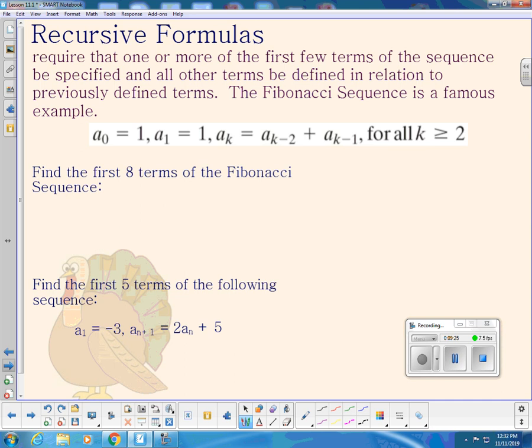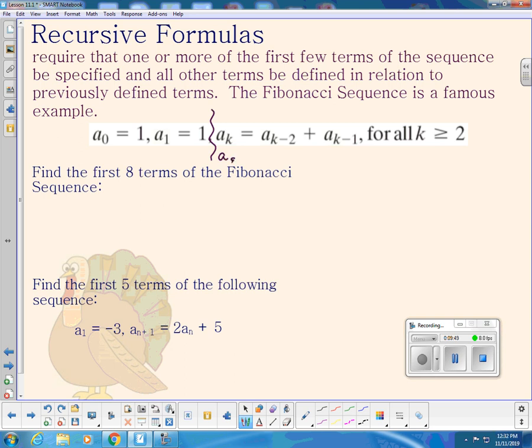So a very, very famous guy, Fibonacci, developed the Fibonacci sequence. Okay? So the first term, they call it a sub 0, but still the first term is 1. The second term was also 1.